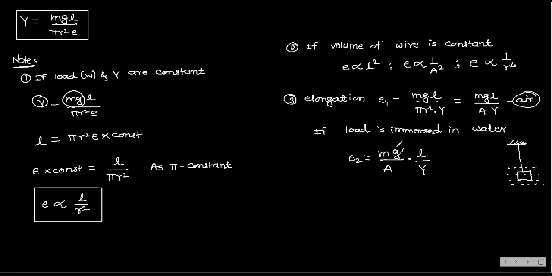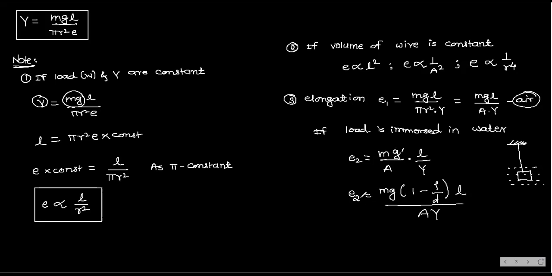Due to that, the weight which is suspended, its value will be a little less. It will be lighter. And therefore, this E2 is equal to mg into 1 minus rho by d into L divided by A into Y.